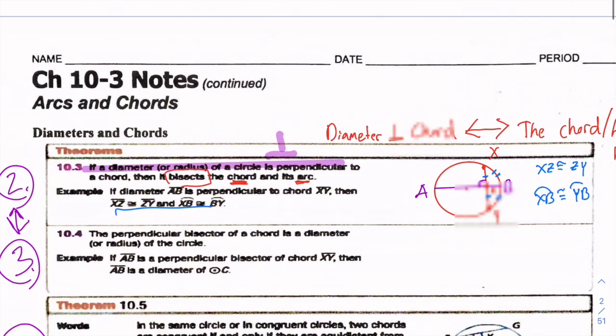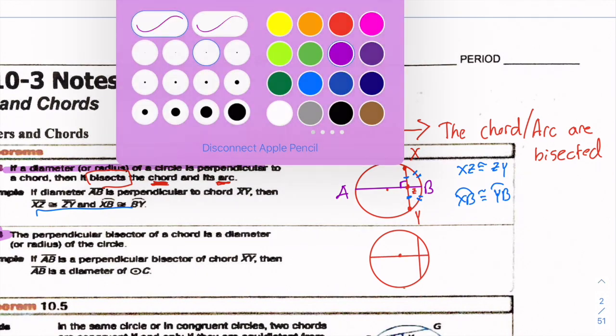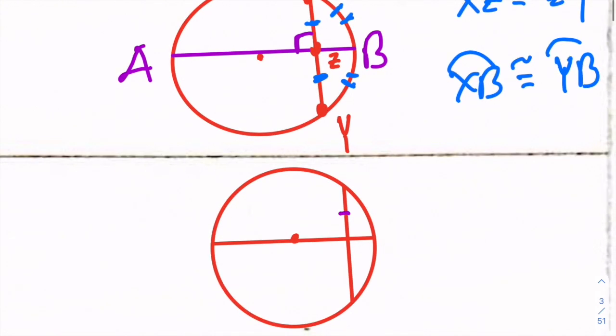Okay. Theorem number 2, we're not gonna waste too much time on it. It is the same thing, just the converse. This one is saying if you're given, I'm gonna draw it just for kicks, a real quick one. If you're given that the arc, let's just say you don't know that it's 90 degrees. The only thing you know is that these are congruent, right?